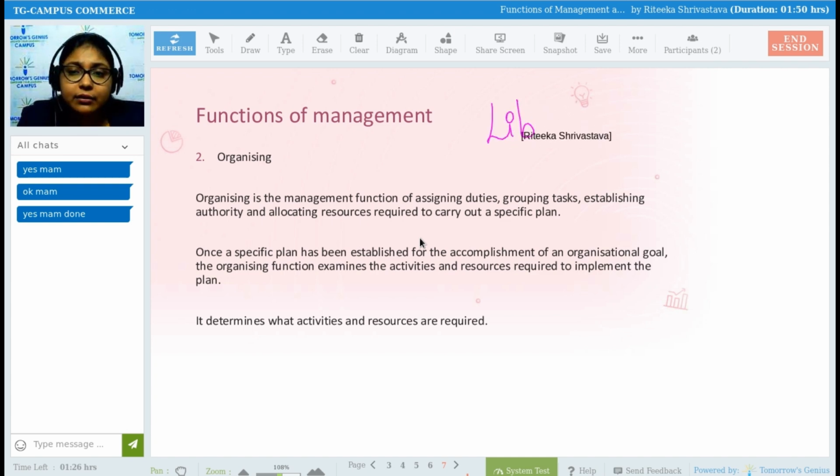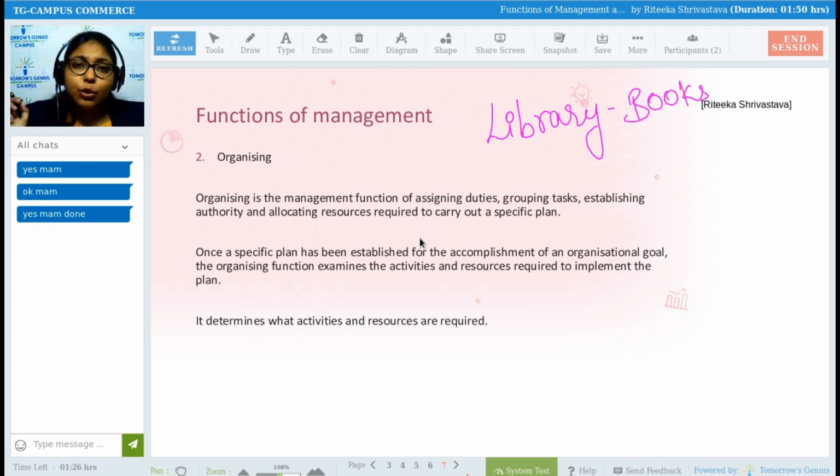Best example, a library, a books library especially. If you have been to a books library, you might have seen how organized all the books are in the cupboard, in the shelf, category-wise or criteria-wise.